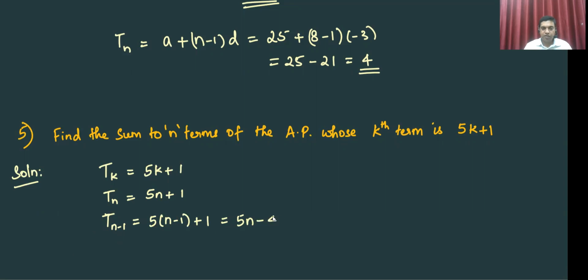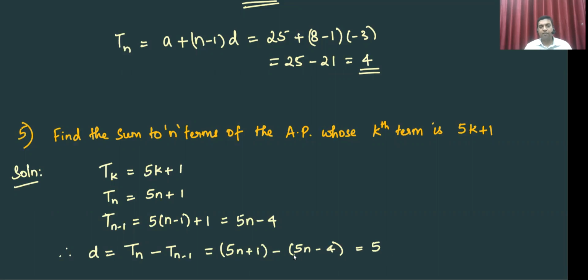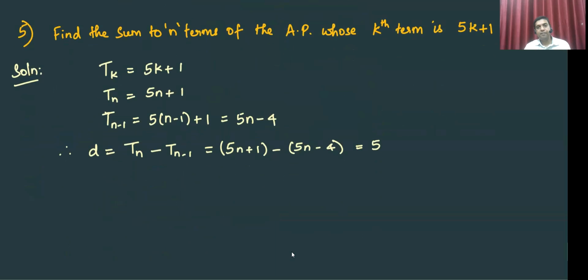Minus 5 plus 1 is minus 4. Therefore, common difference will be nth term minus the n minus first term. 5n plus 1 minus of 5n minus 4, which gives us 1 plus 4 is 5. This is the common difference.